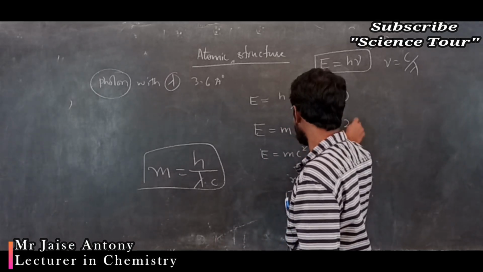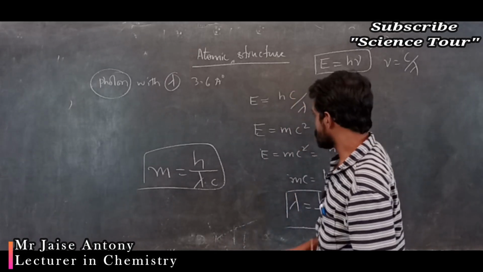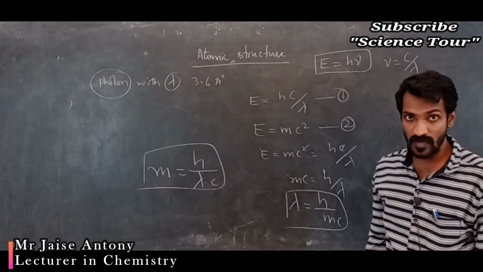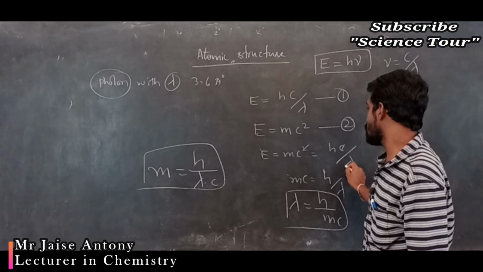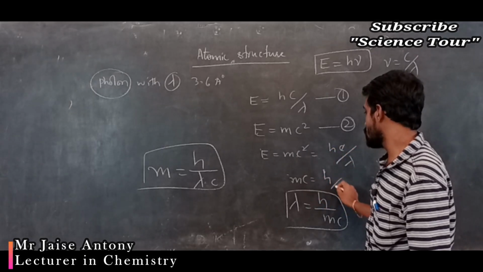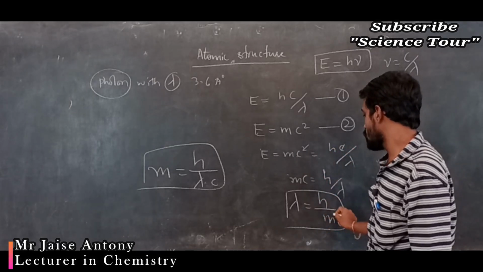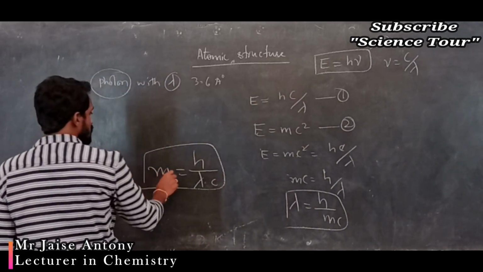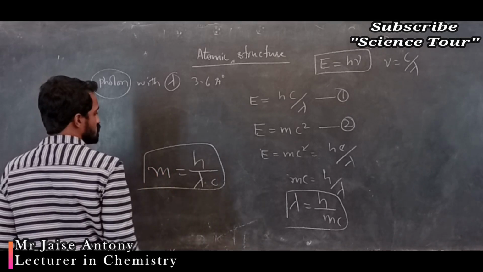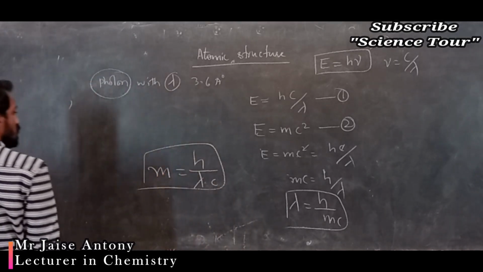Another one is the Einstein equation, correct? These derivations are done in your class: mc square is equal to hc divided by lambda, c gets cancelled, mc is equal to h by lambda, lambda is equal to h by mc. To find m, mass is equal to h by lambda c.